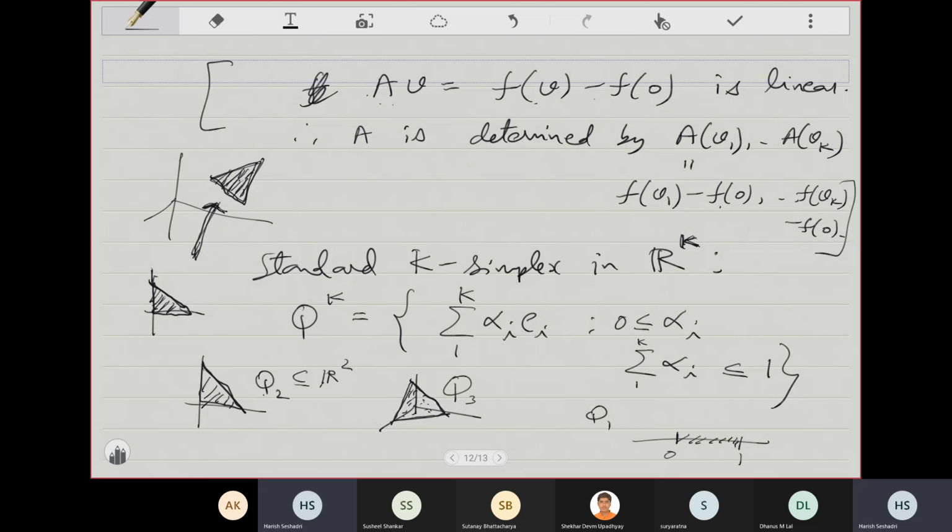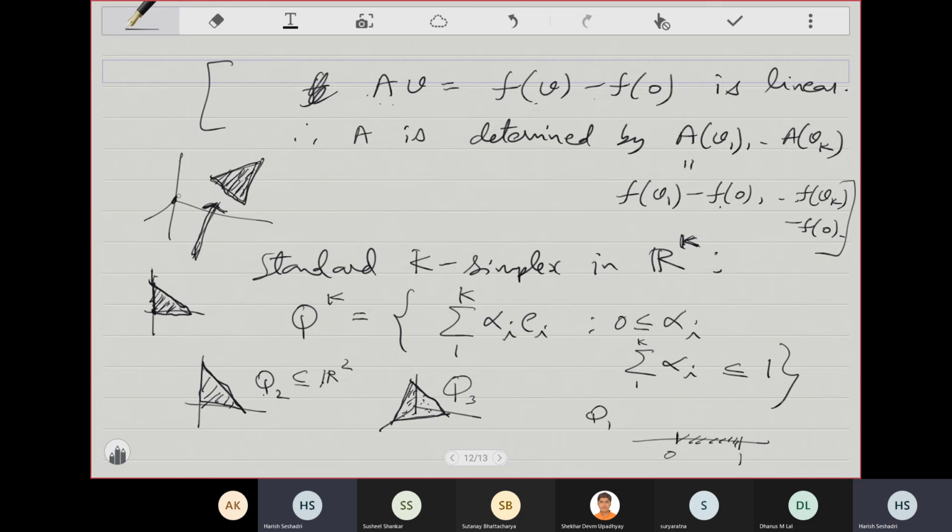So if I use a linear map, the image is certainly going to look like a triangle. You can check that. You have to define what a triangle in R3 is. But once you do that, you can check that a linear map will certainly take the standard simplex to a triangle in R3. But if we are just going to stick to linear maps, 0 will go to 0.